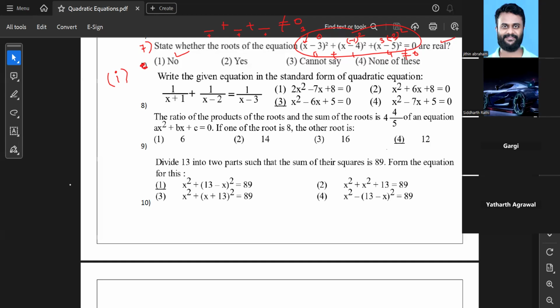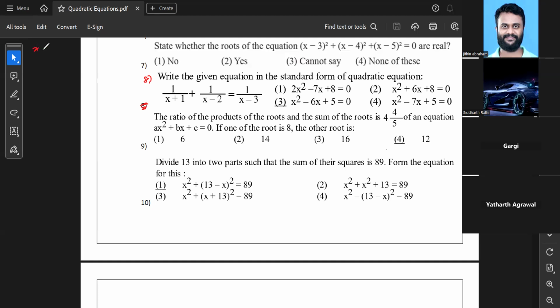So proceeding further to the eighth problem. Write the given equation in the standard form of a quadratic equation. We'll have to cross multiply and compare the answer. Let's try it out. First I'm cross multiplying these two terms.